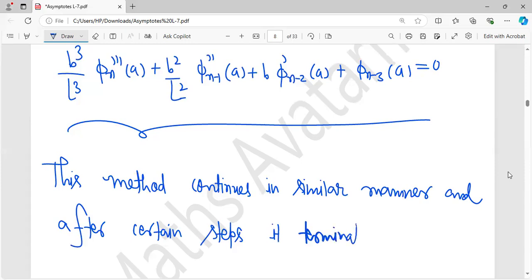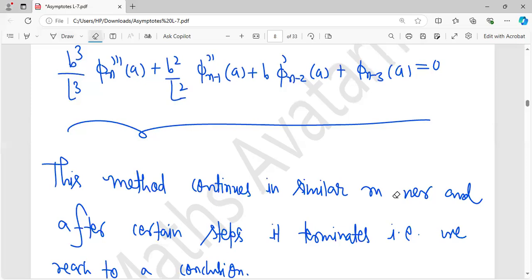It means we reach a conclusion. Okay. So it will be clear by example.